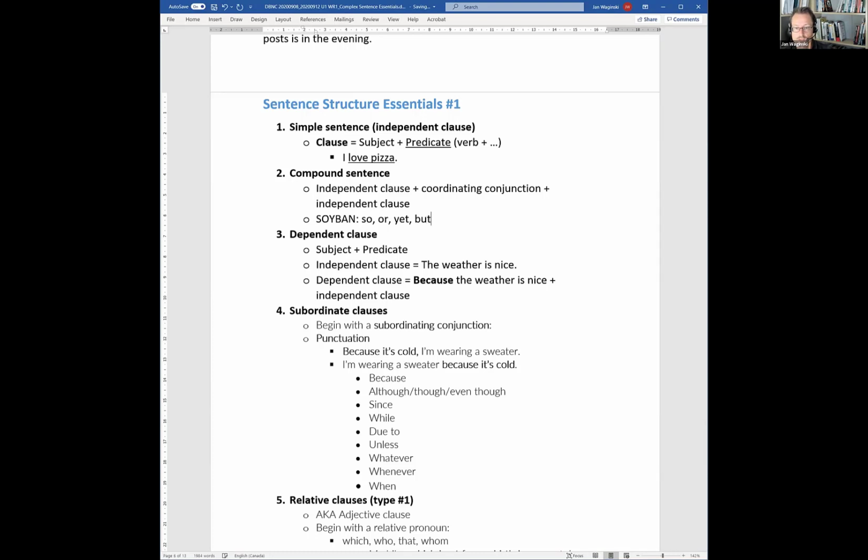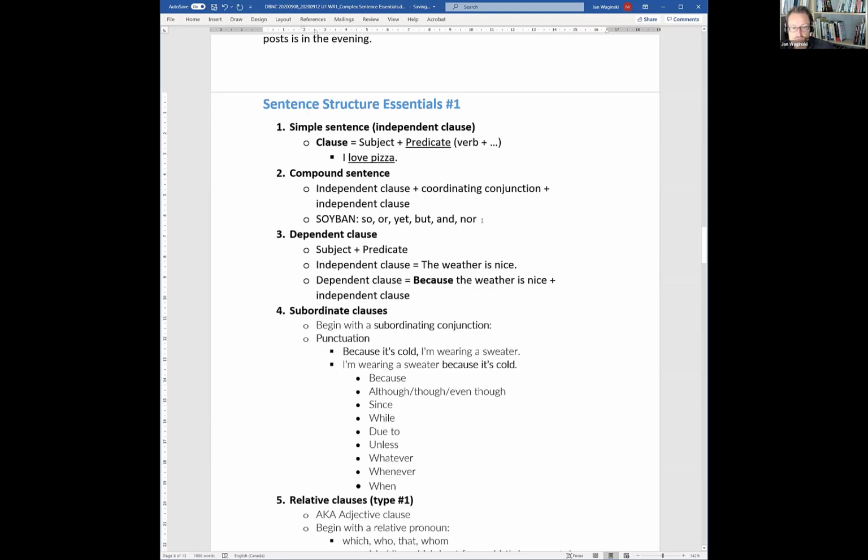But. And. Nor. Good. In old-fashioned English, we would include for, which means because, but you're not going to use that and you're not going to see it these days unless you're reading Shakespeare. Okay, that's a compound sentence.